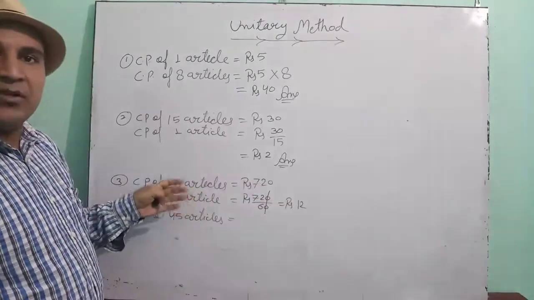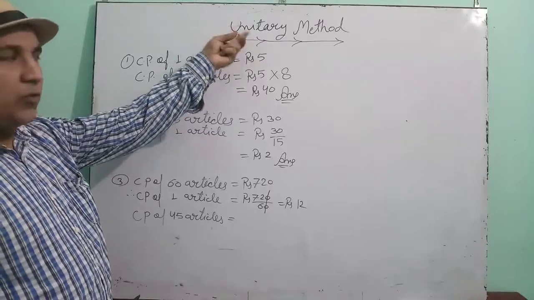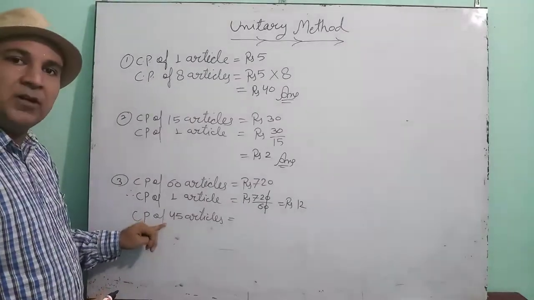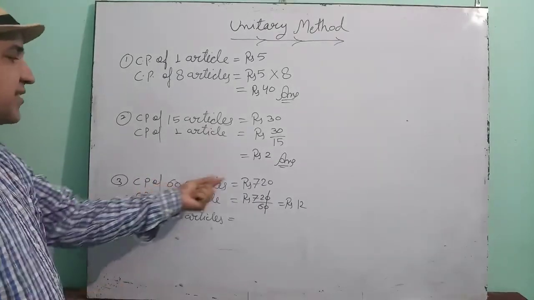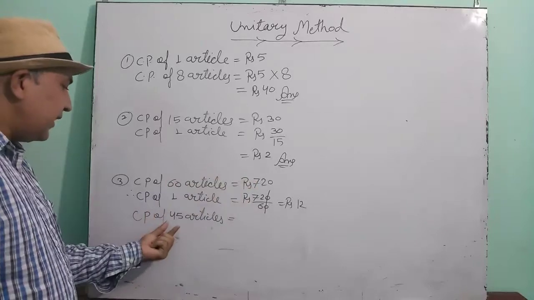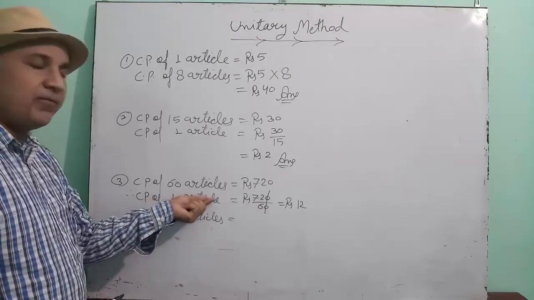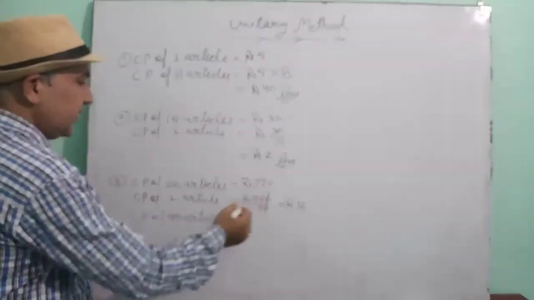That is why its name is unitary method. Unitary means 1. So we are finding the value of 1 and then we are finding the value of our desired numbers. Okay. Value of 60 is given 720 and we have to find value of 45. So first we will find the value of 1. Then after we will find the value of 45. See here.